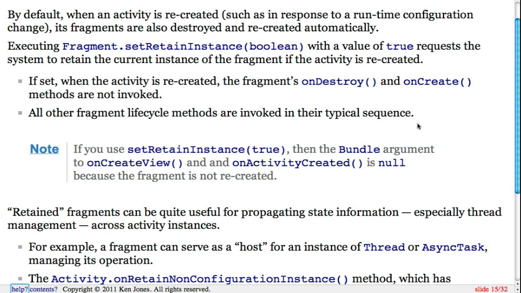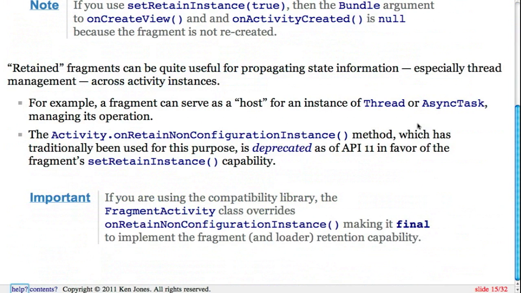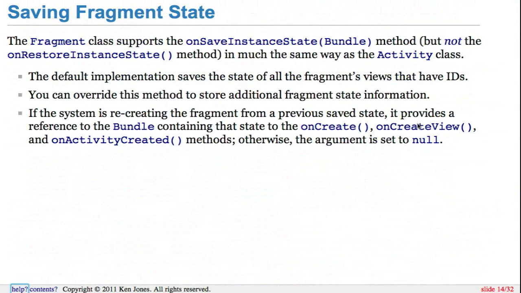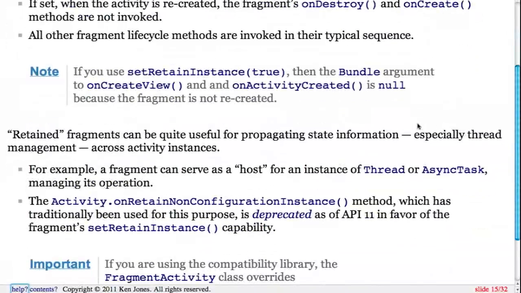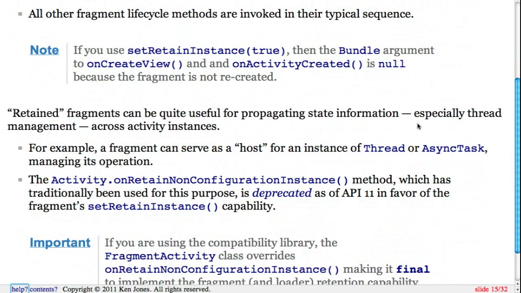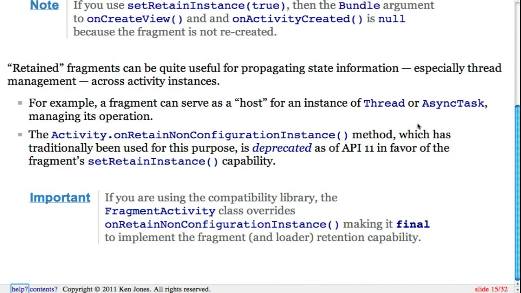I've done logging, and I've determined that the save instance state method still gets called, so I thought it was storing information in the bundle, but no, that bundle just is ignored. It's not returned to my fragment when the fragment is being invoked through all these methods. That's because it didn't get destroyed, I assume, is the rationale there.